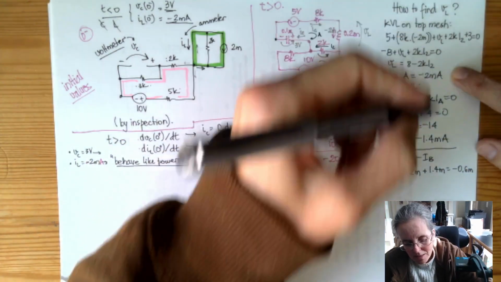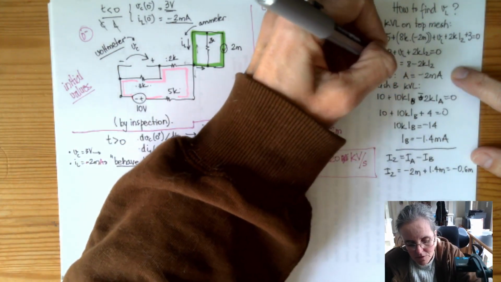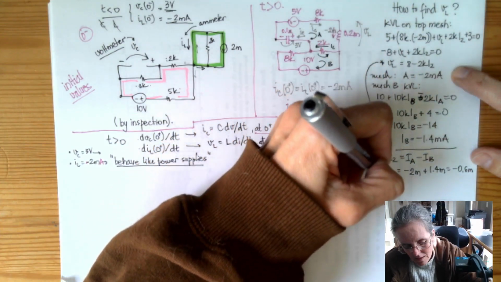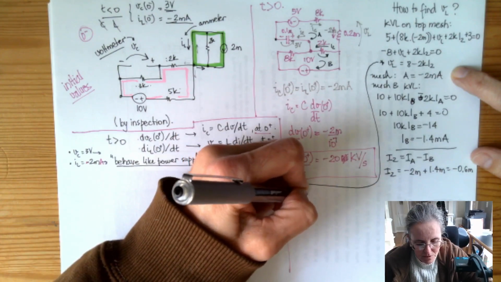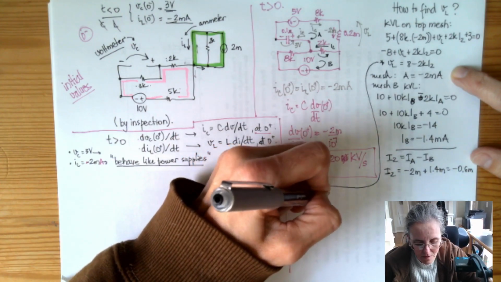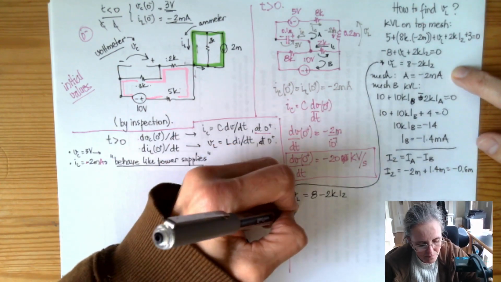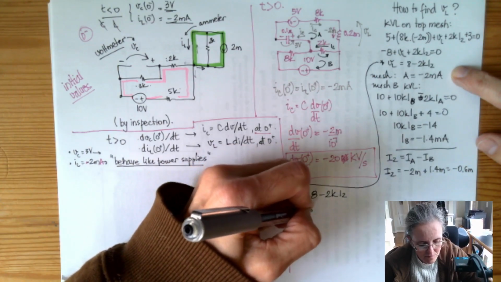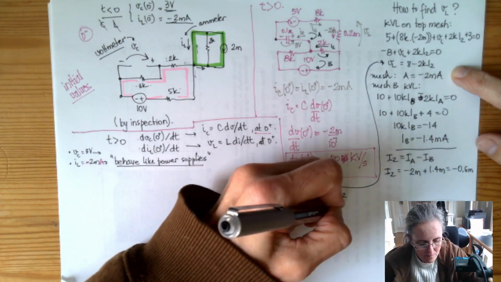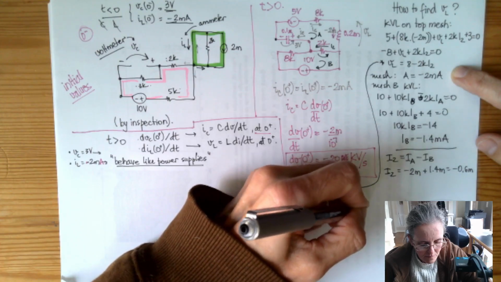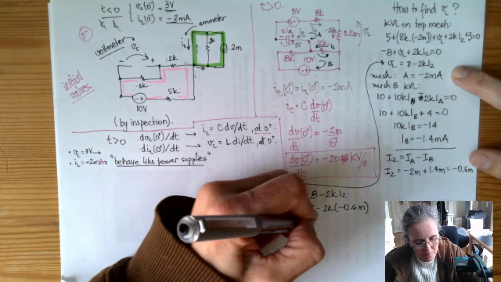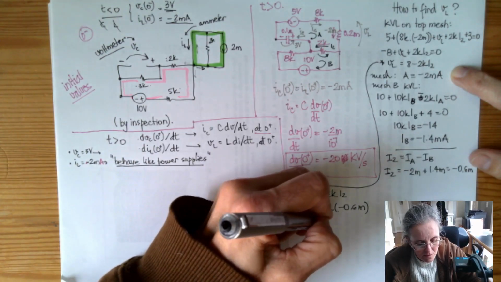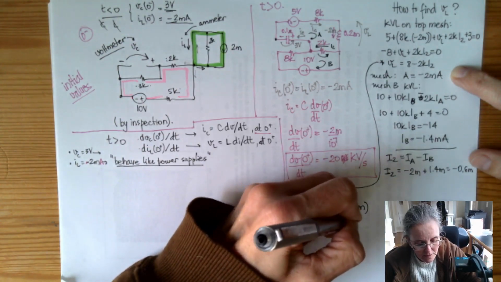Now I can go back and find VL. So 2 times 0.6 is 1.2, so this is 9.2 volts.